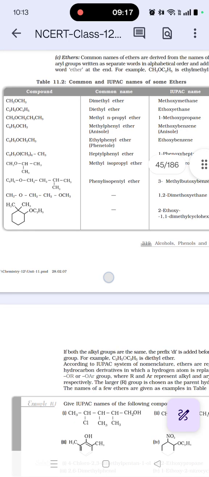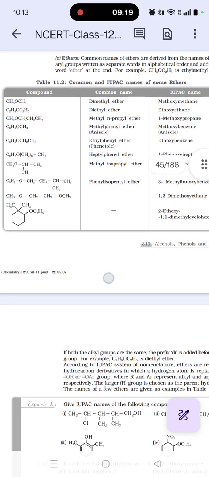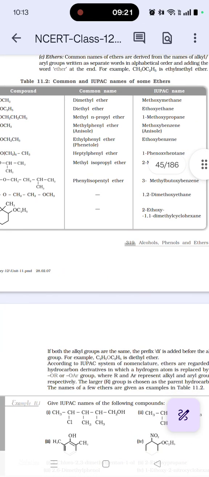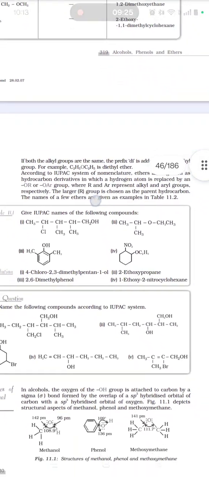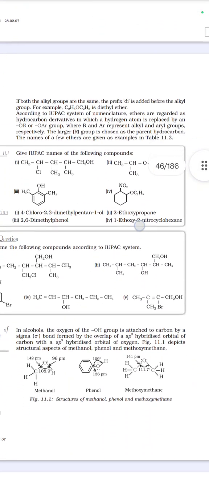CH3OCH2CH2CH3 is methyl propyl ether, 1-methoxypropane, and so on. If both alkyl groups are the same, the prefix di is added before the alkyl group. For example, C2H5OC2H5 is diethyl ether.